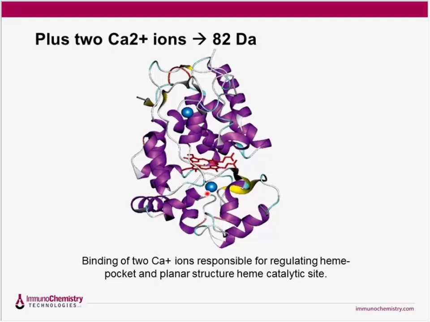These calcium ions are responsible for stabilizing the structure of the planar porphyrin ring structure, and by removing the distal calcium ion from the equation, the catalytic activity of this enzyme drops way off because it's not there to stabilize this planar structure of the heme catalytic site. So that's very important.